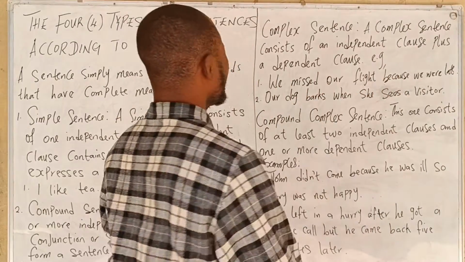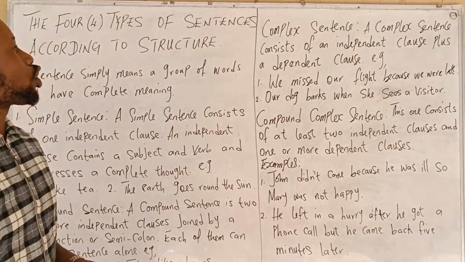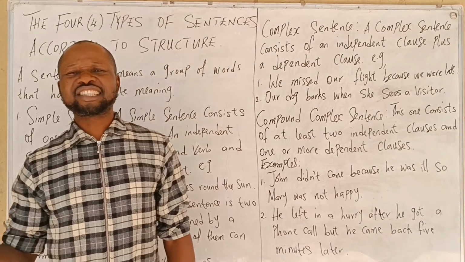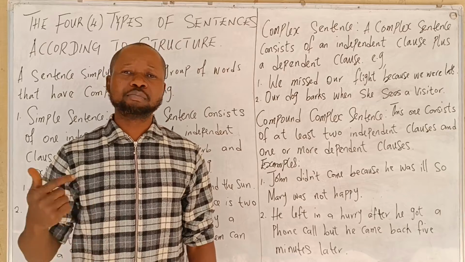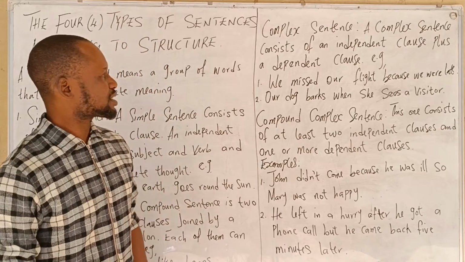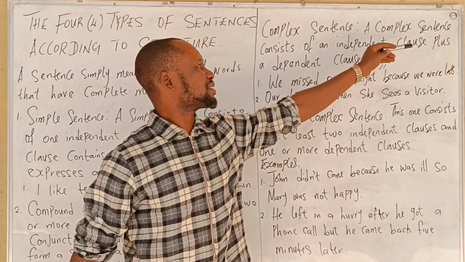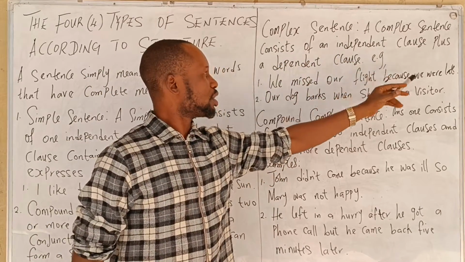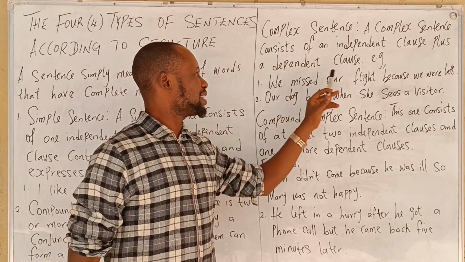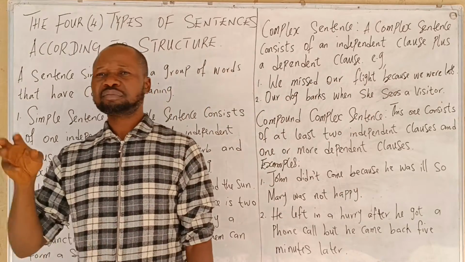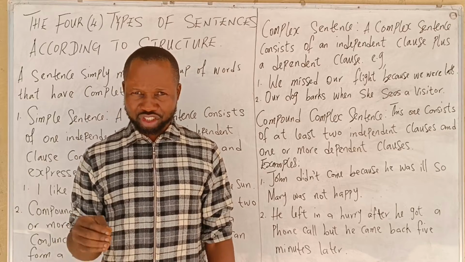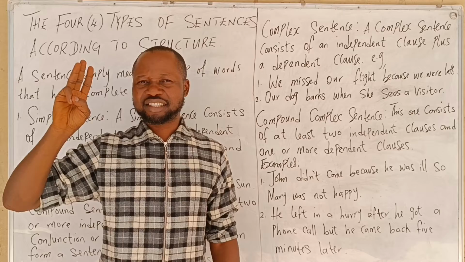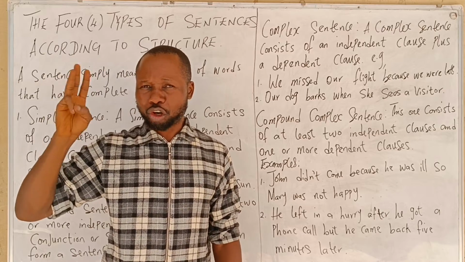Now let's go to number 3, which is the complex sentence. When you hear something complex, it means the thing actually revolves around many things. So let's define it. A complex sentence consists of an independent clause plus a dependent clause. Let me explain. It must have what? 3 messages. That is what makes it complex.